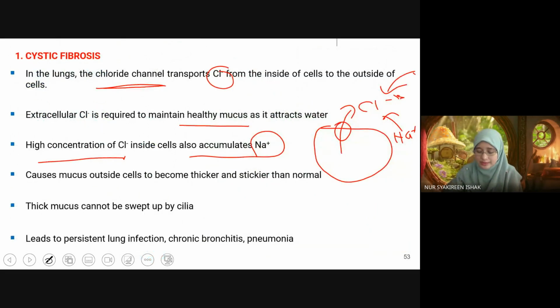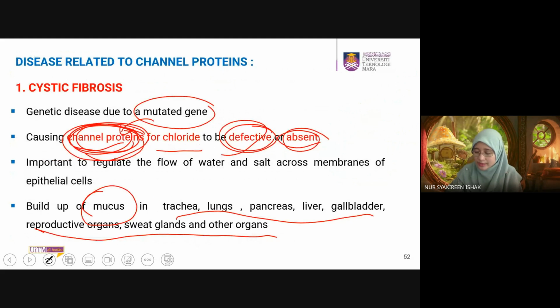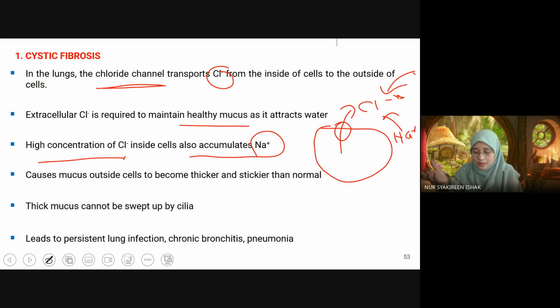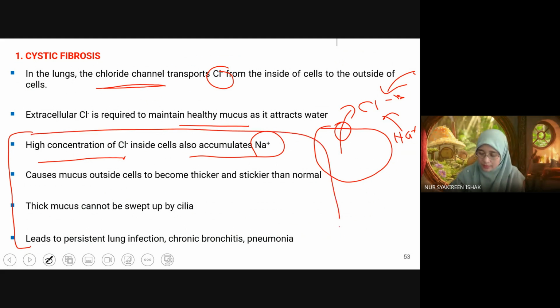So it occurs in these areas: the trachea, the lungs, pancreas, liver, gallbladder, reproductive organs, sweat glands, and also other organs capable of producing mucus. This is caused by the mutated part.